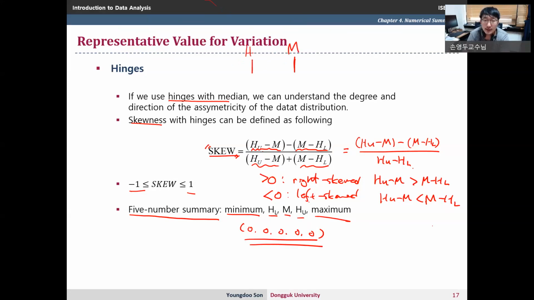For example, HL is here, HU is here. If this one is greater than this one, then we can easily find that it is left skewed, like this. And if this M is here, HL is here, and HU is here, then maybe we can easily understand that it is right skewed.